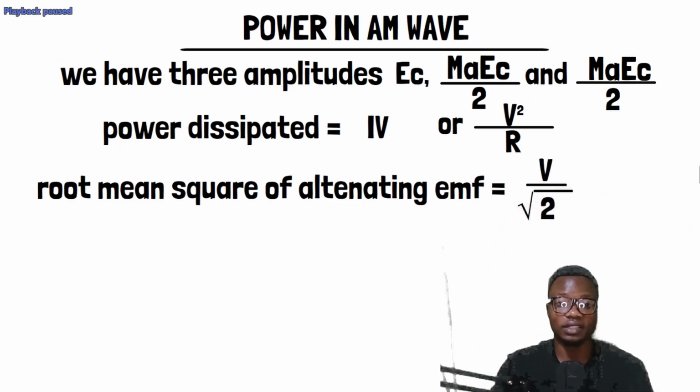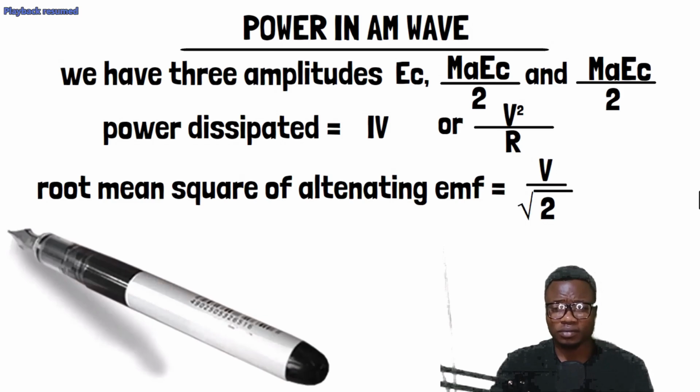So V is a peak value, so here we're going to use the amplitude. Amplitudes are going to stand as a potential difference, but this amplitude can't stand on its own. We are going to divide by the square root of 2. So this is a formula. It has some derivations.